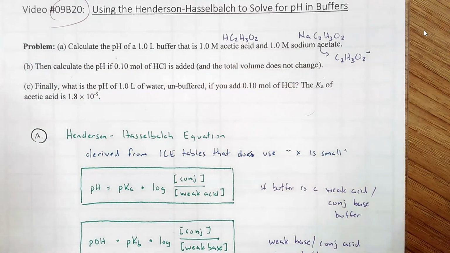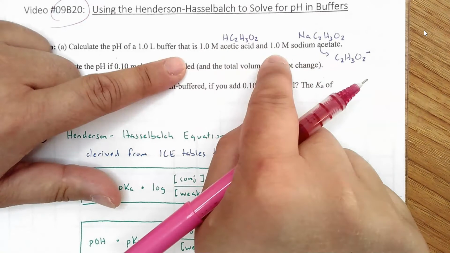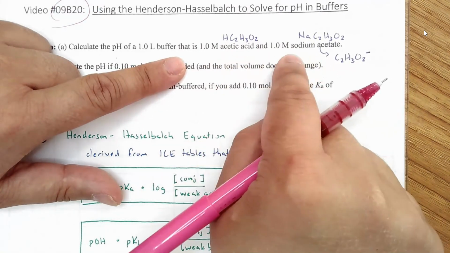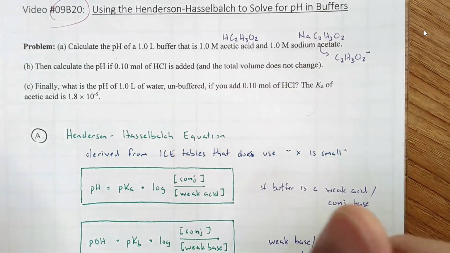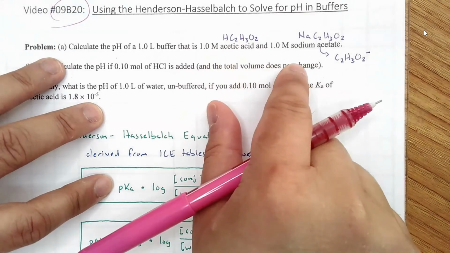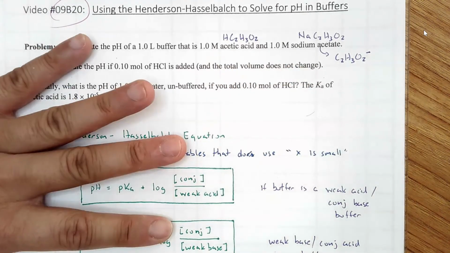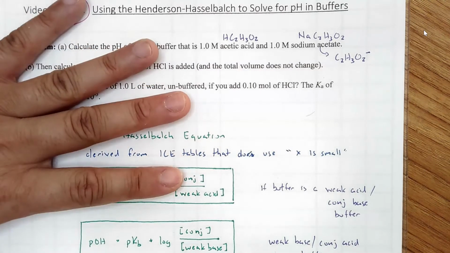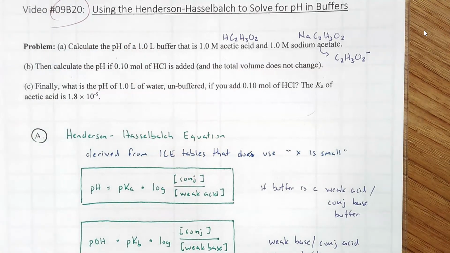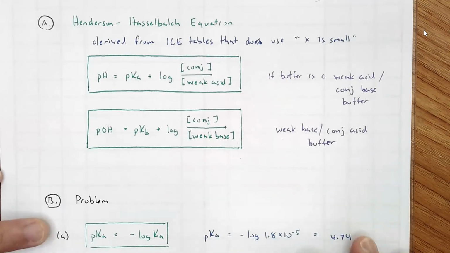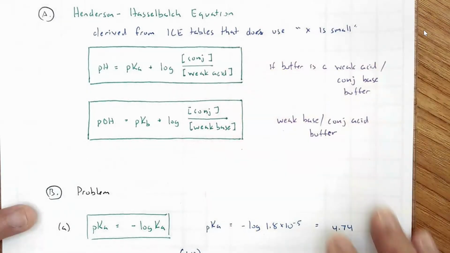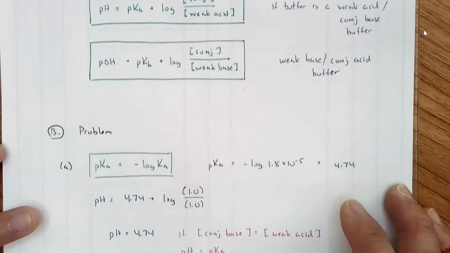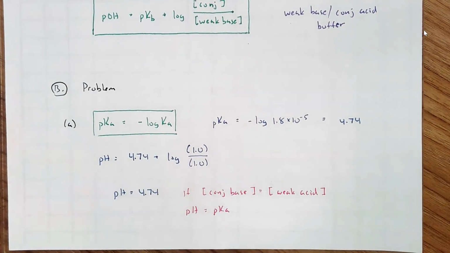You notice that we don't consider any equilibrium between the acetic acid and the sodium acetate. We're just picking up directly the concentrations. So that's why the Henderson-Hasselbalch is not perfectly accurate, but it's definitely accurate enough to be used in research labs and definitely on an exam. All right, so that's part A.